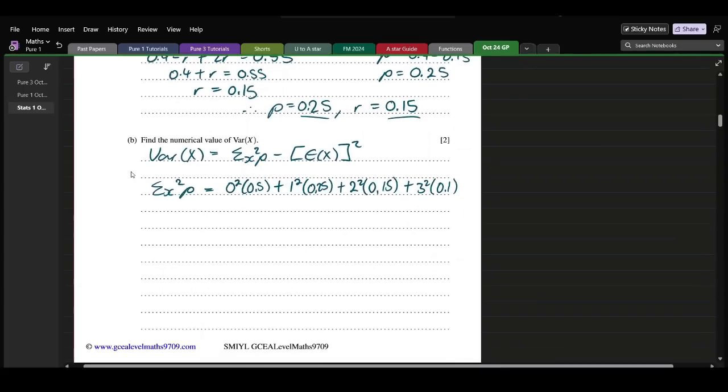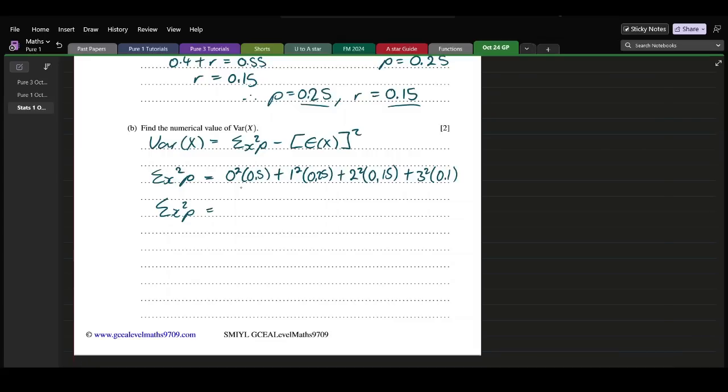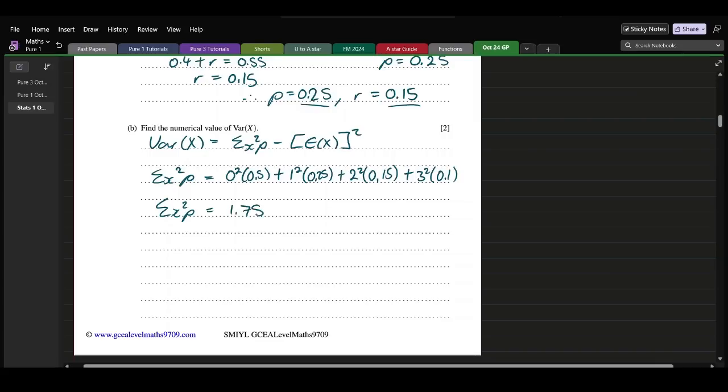Let's punch this into the calculator. This is summation of x squared p. So that's 1 times 0.25 plus 2 squared times 0.15 plus 3 squared times 0.1, and this gives us 1.75. So now let's substitute into the formula for variance.